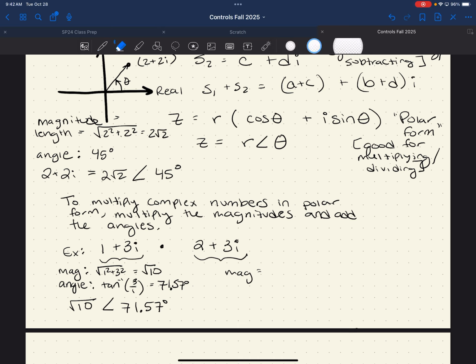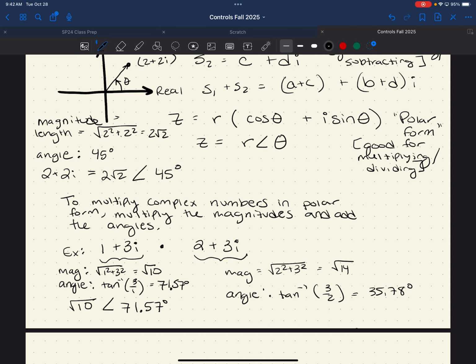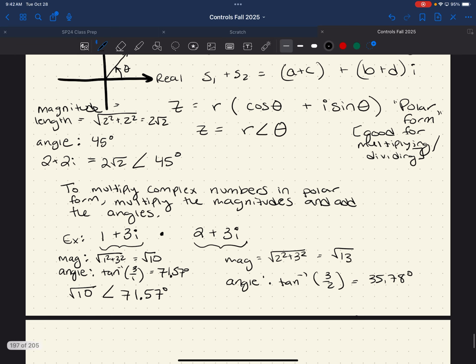The angle will be tan inverse 3/2, which is 35.78 degrees. But the magnitude is what? Square root of 2 squared plus 3 squared. Good. This should be the square root of 14, I believe. 9. 13, you're right. Okay, so in polar form, this is root 13, angle 35.78 degrees.